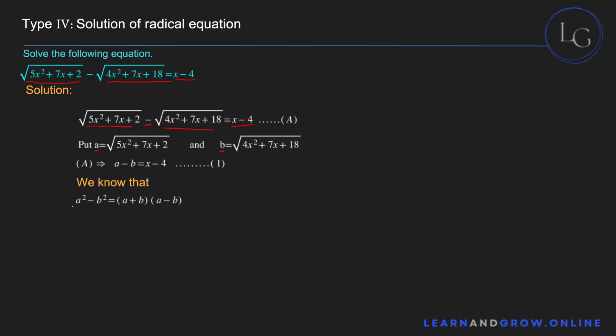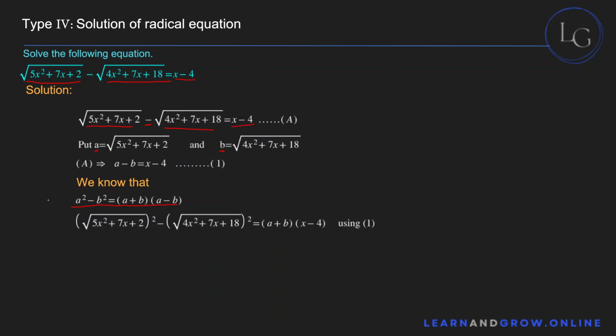Now we know this is a very basic algebraic formula, and it says that a square minus b square is equal to (a plus b)(a minus b). Since we know this, what have we done here?